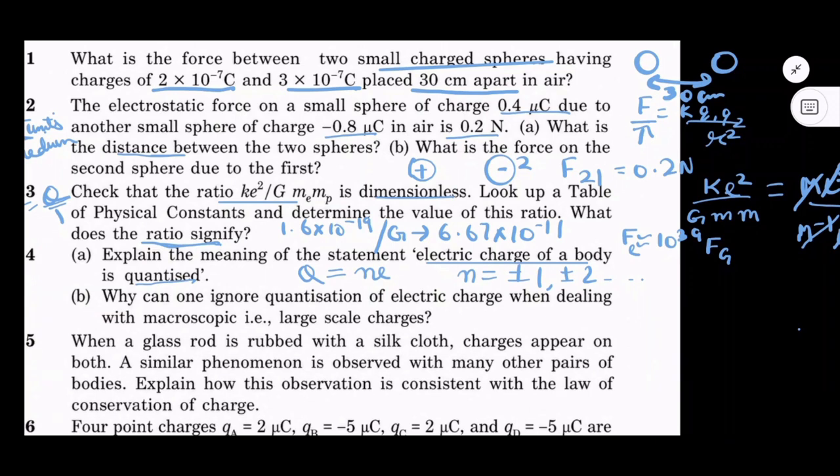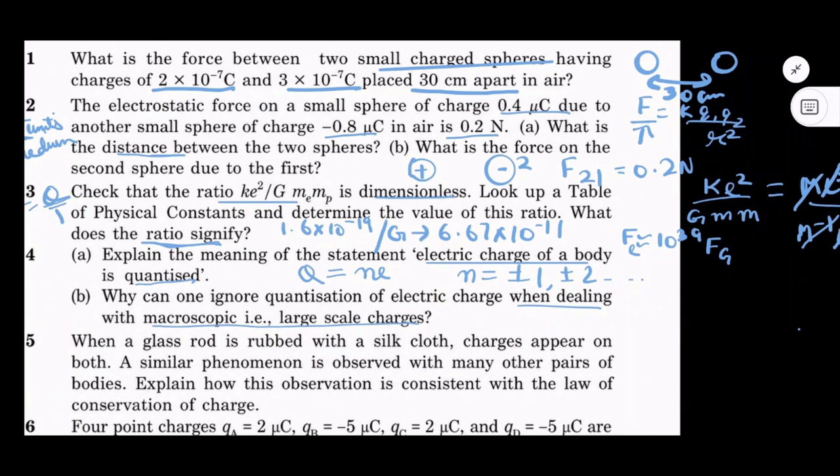The next question is, why can one ignore the quantization of electric charge when dealing with macroscopic or large scale charge? What does it mean? Why can we ignore this quantization when we are dealing with macroscopic charges? Let's first understand mathematically so that you can understand the physical significance easily.